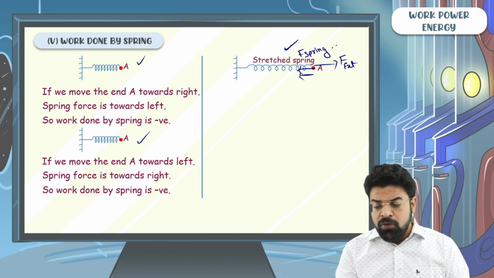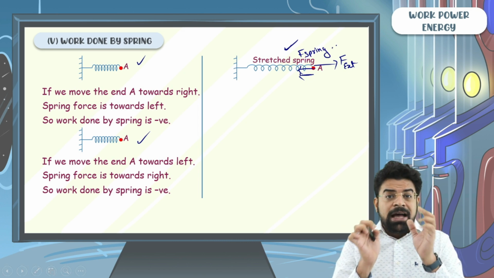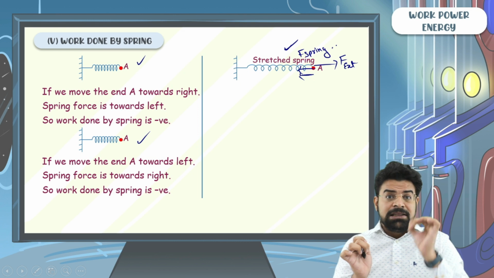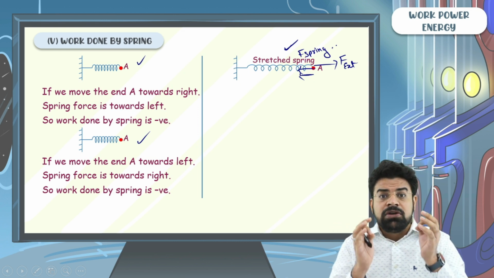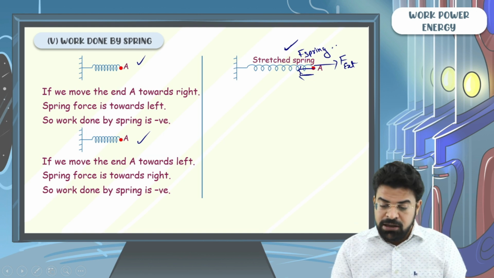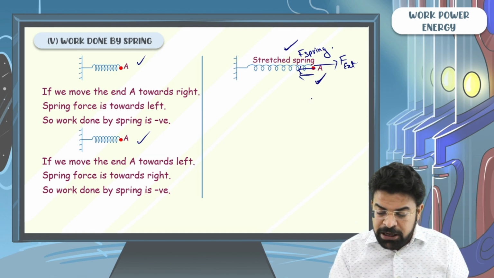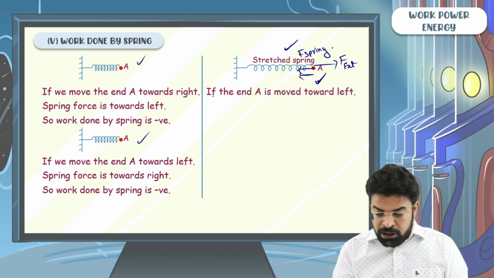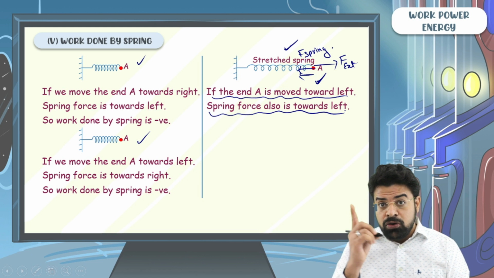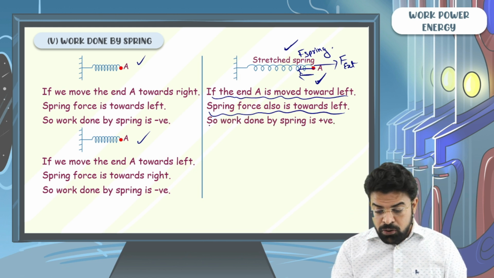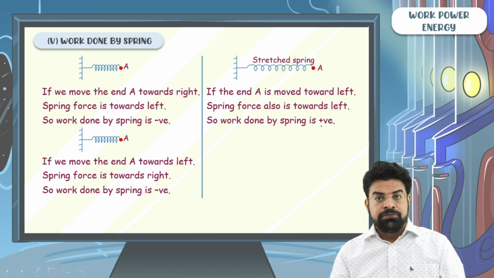Now, if we move the point A towards left, so as to decrease the deformation in the spring, then beta the work done by spring will be positive. So if the end A is moved towards left, spring force is also towards left. So the work done by spring is positive.